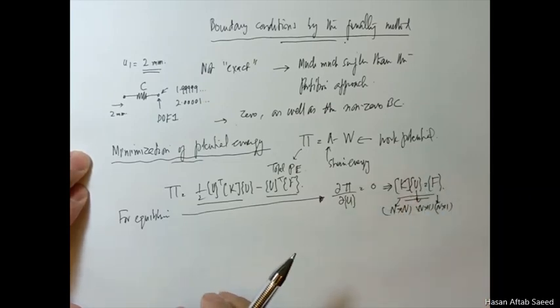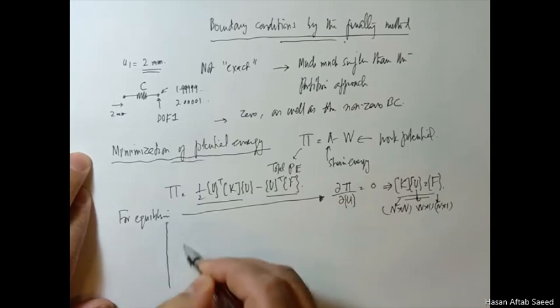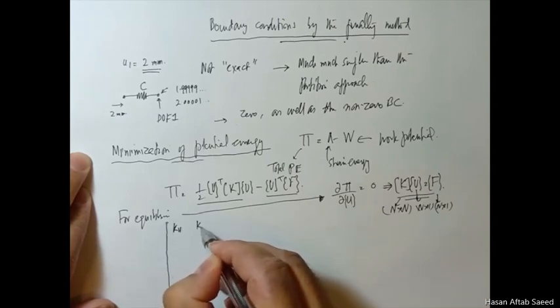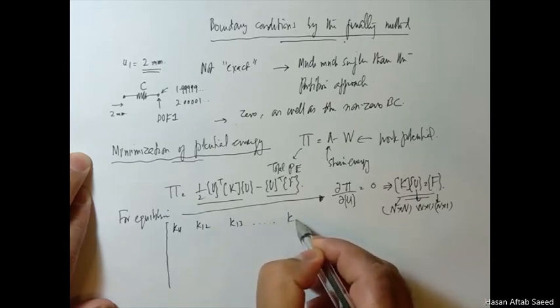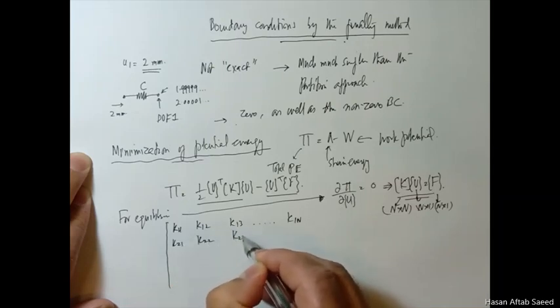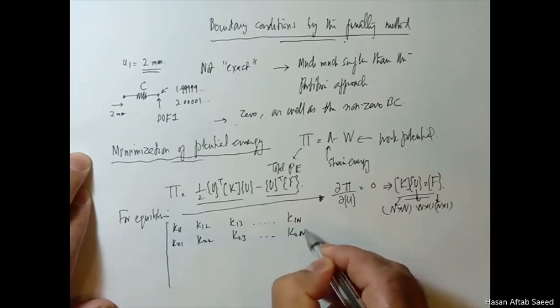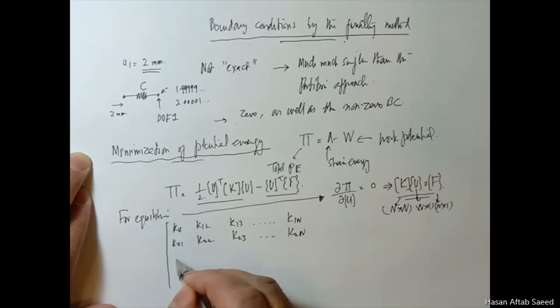Now if we write it in an expanded form, again this is very familiar to you: k11, k12, k13 up to k1n. Then you have k21, k22, k23, and then k2n. How big the system is depends on this number n.